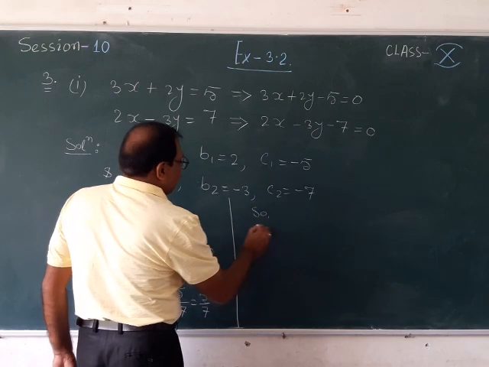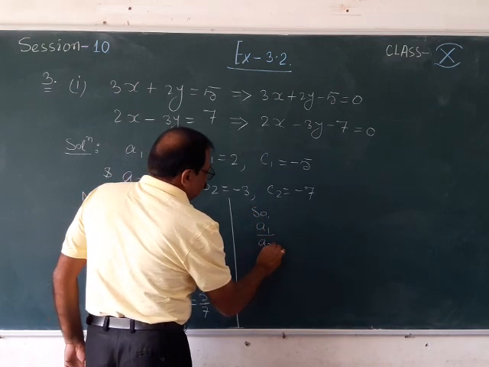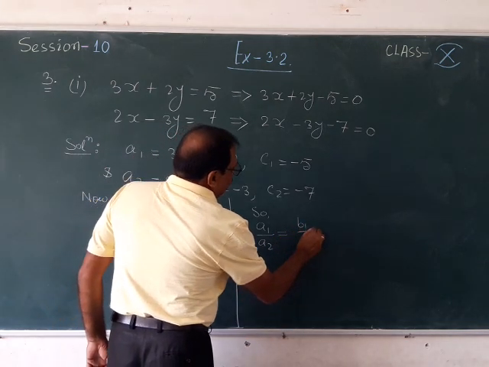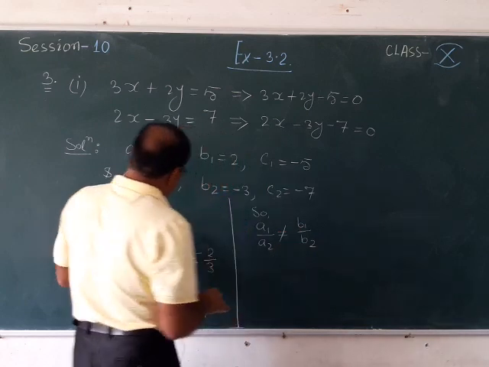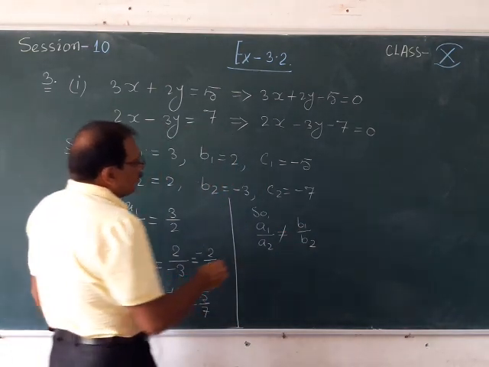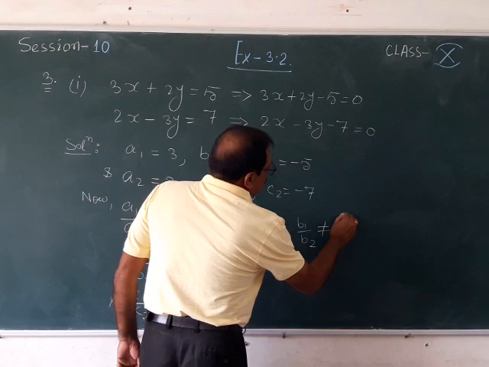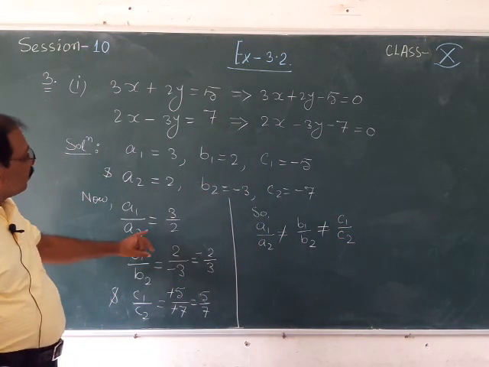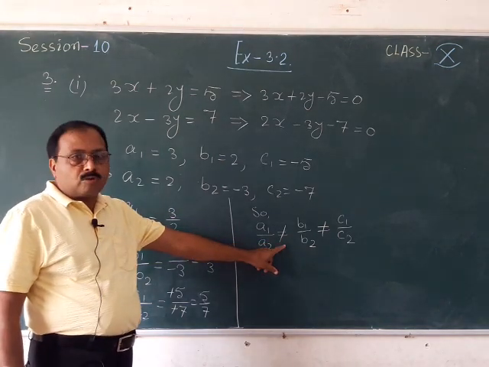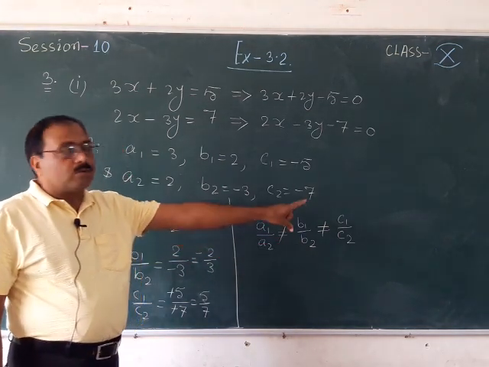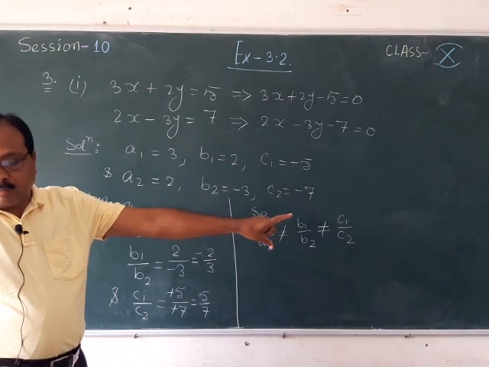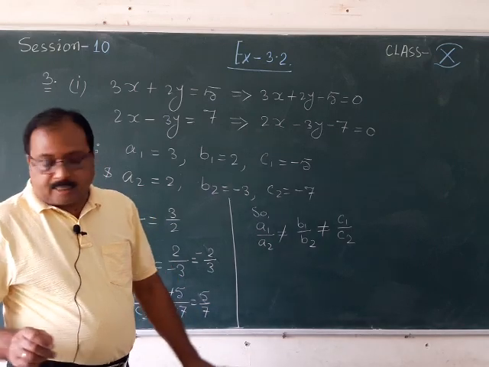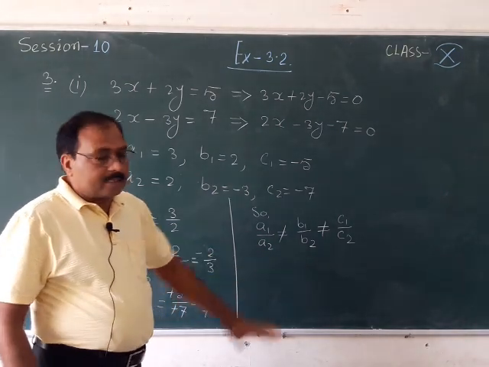So we have seen that A1 by A2 is not equal to B1 by B2, and C1 by C2 is also not equal to these. That means the values are unequal, A1 by A2 is not equal to B1 by B2 and not equal to C1 by C2. According to the given condition, the pair of equations is consistent.